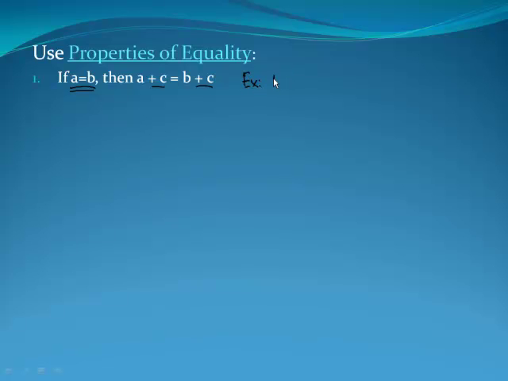For example, we'll use a very simple example. Let's say you're looking at 5 plus 3 equals 8. You agree with me that that is a true statement. And for whatever reason, you decide to add, let's say, 2 to both sides of that equation.